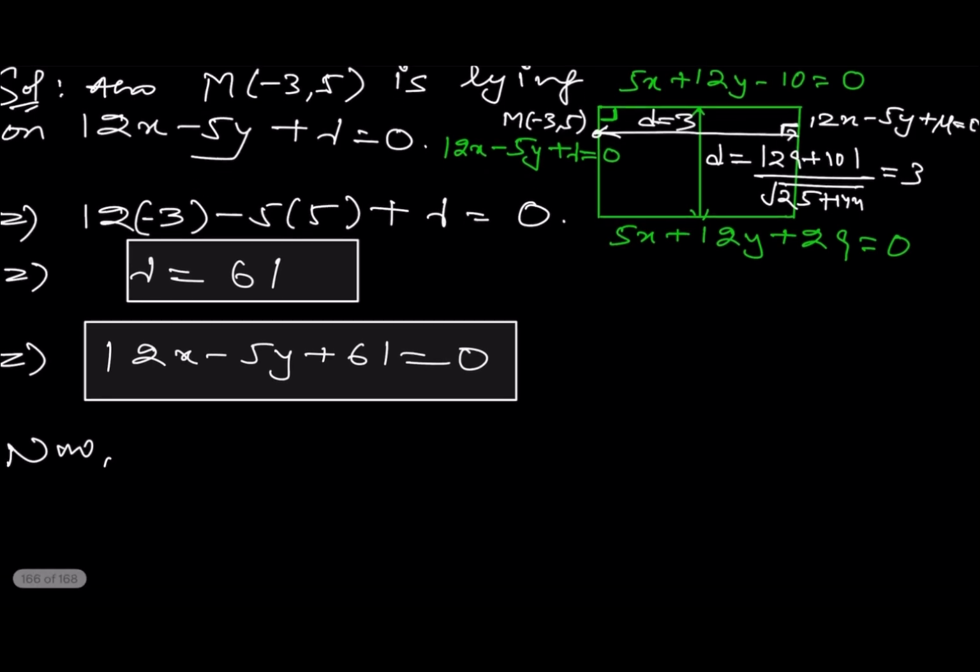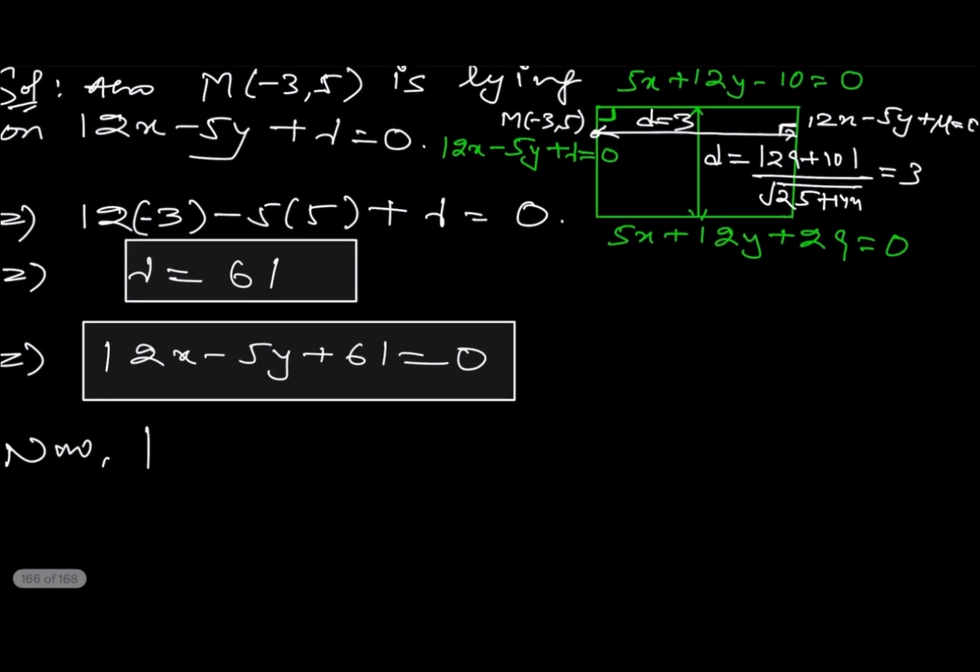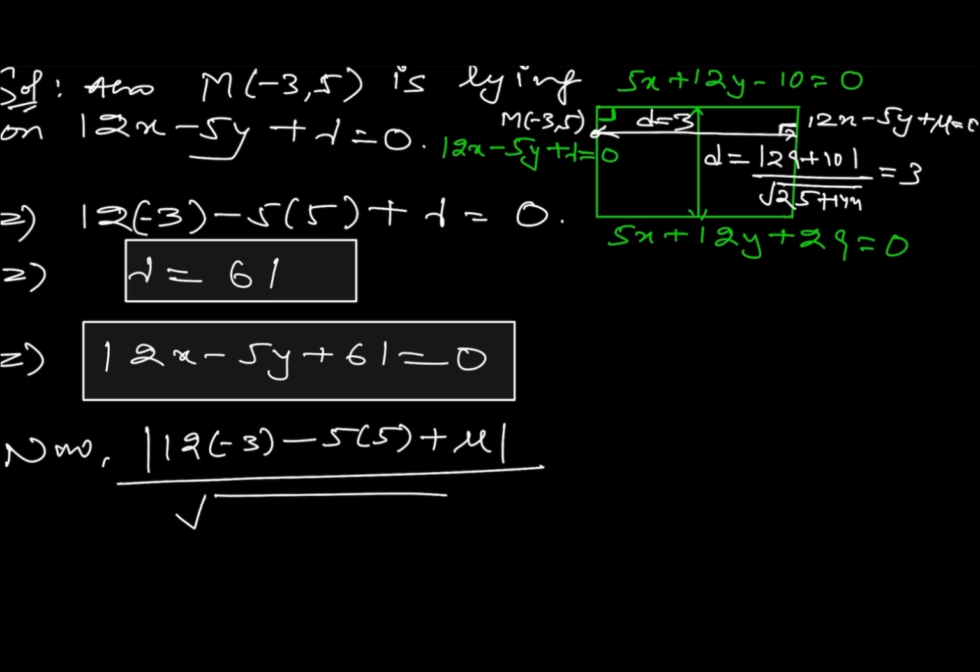So using the concept, mod of 12 into minus 3 minus 5 into 5 plus mu upon root over 144 plus 25 is equal to 3.